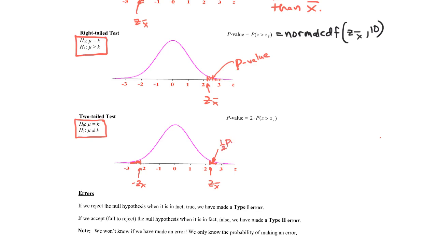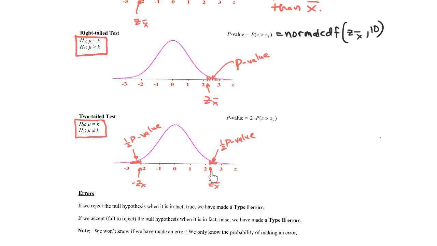That's half of the p-value. And here is the other half of the p-value. So to find the p-value, what we do is we find the probability that z is greater than our z-score from our test statistic, which would be this. We find this area, then we double it.